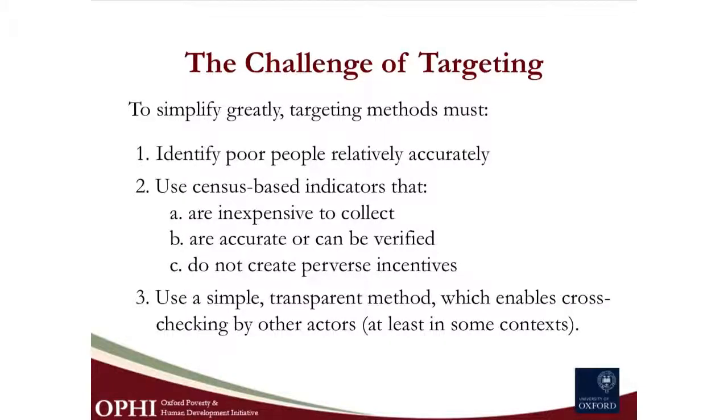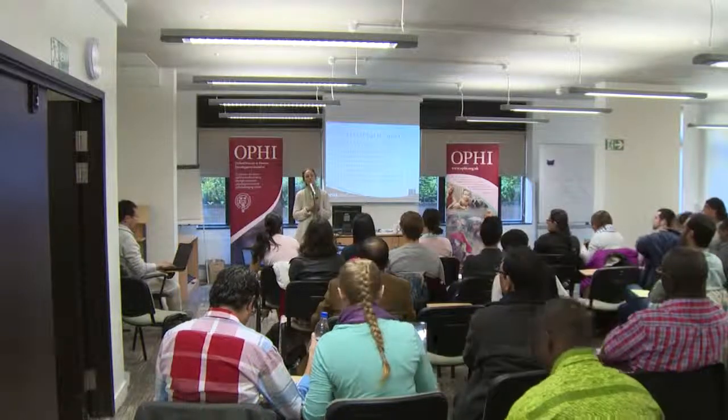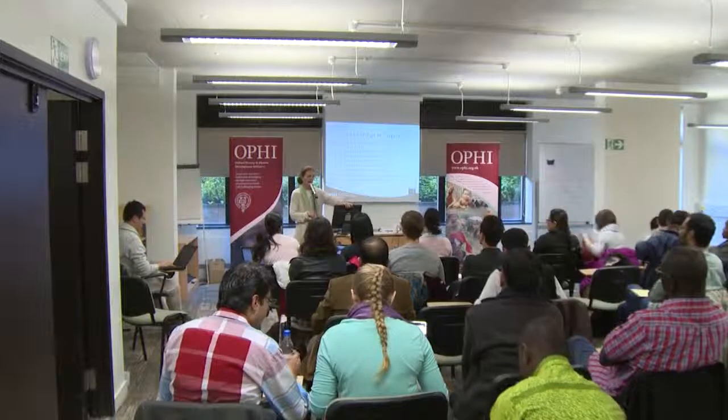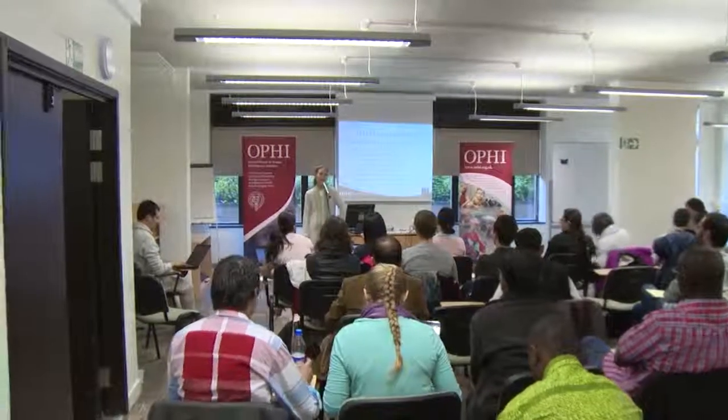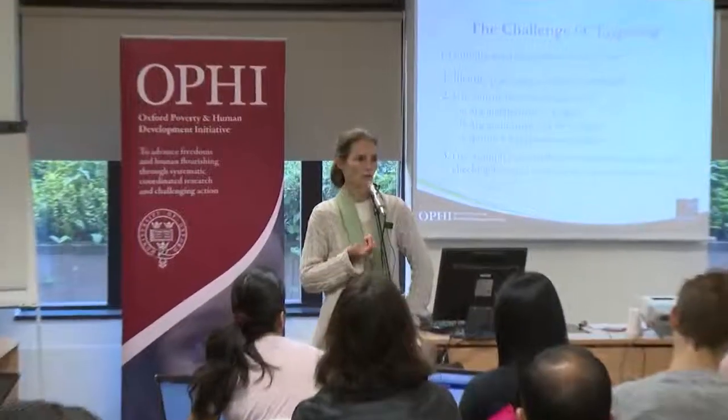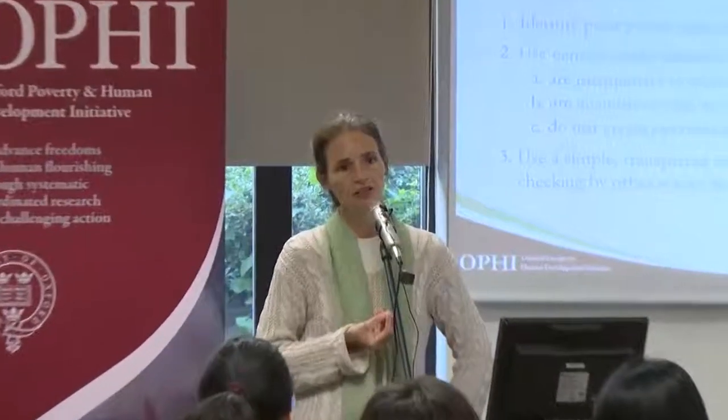So I just want to basically sensitize you to the data needs and the different data considerations on a targeting measure. But the aim of a targeting measure is first to identify poor people relatively accurately. And to identify each person, whether or not they should be targeted, you need data for each person.